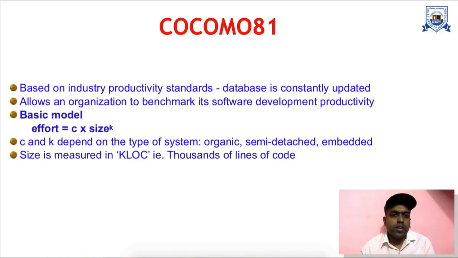The values of C and K depend on the type of system, which may be organic, semi-detached, or embedded. In this case, size is measured in KLOC, that is, thousands of lines of code. So we measure size in this unit.